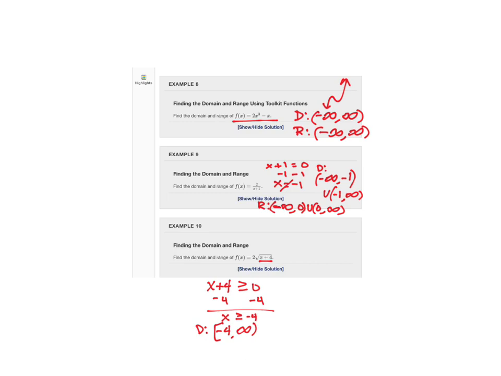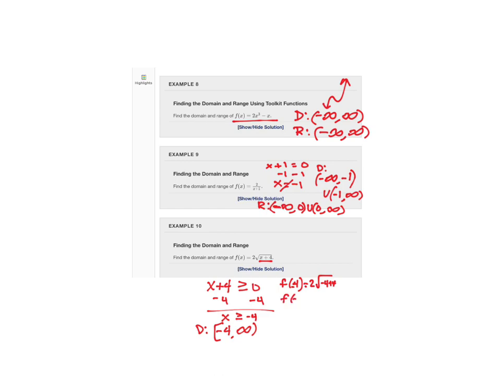Now, how do you find your range given that domain? Well, you know it's going to start when x equals -4. So your range is going to be determined by finding what is f of -4, which is going to be 2 times the square root of -4 plus 4. You're inputting -4 here. What happens when I put -4 in there? 0. 2 times 0 is 0.